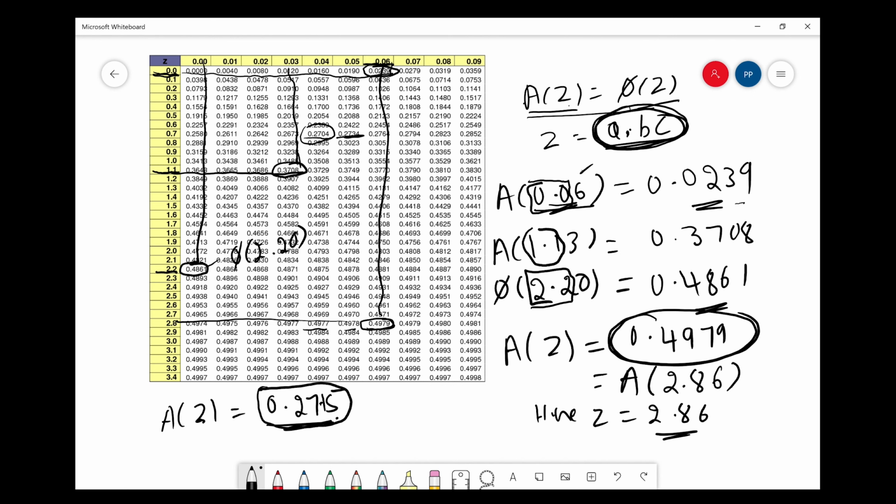That means clearly 0.2715 is near to 0.2704, because the difference is 0.0011. Whereas the difference between this value and 0.2734 is 0.0019. So therefore this is least, and therefore we are considering this. So we take nearly equal to A of 0.74.